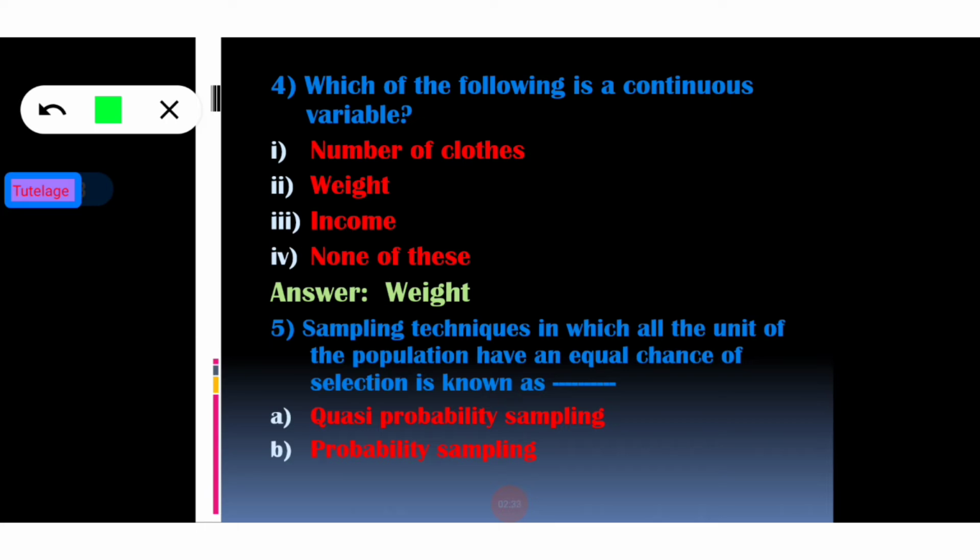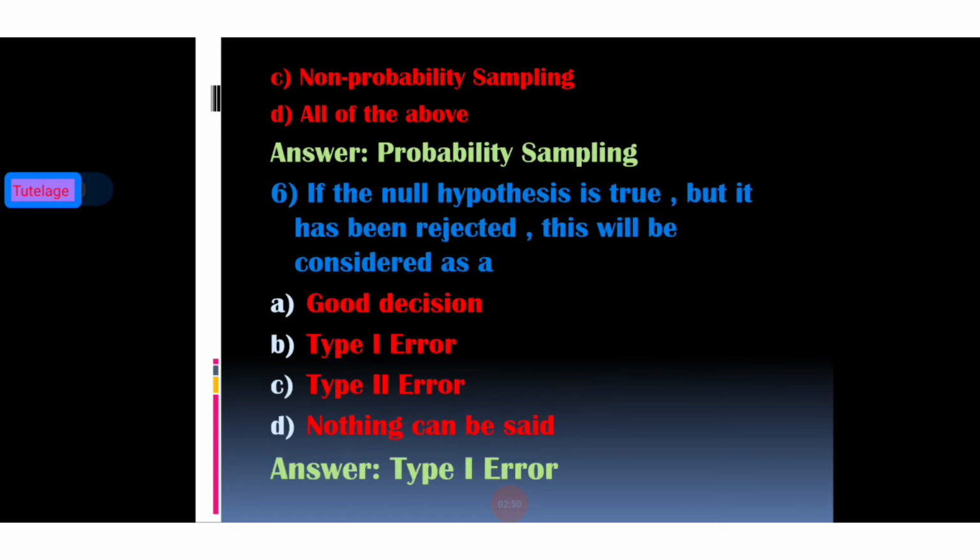So here we can see sampling techniques in which all the units of the population, that means each unit of the population, have an equal chance of selection, is known as quasi probability, probability, non probability, or all of the above.